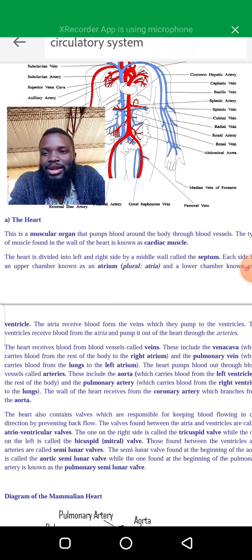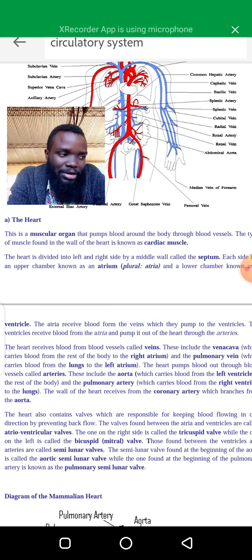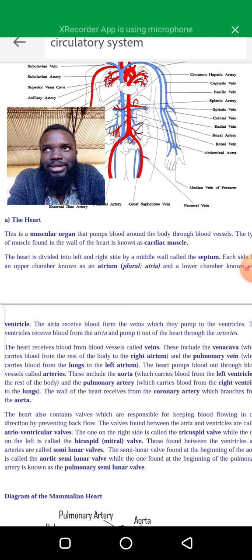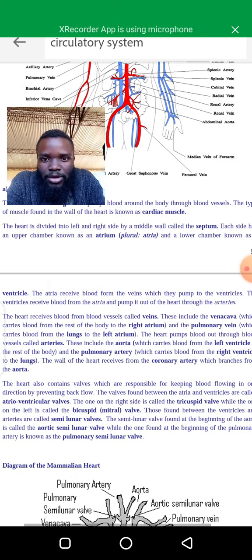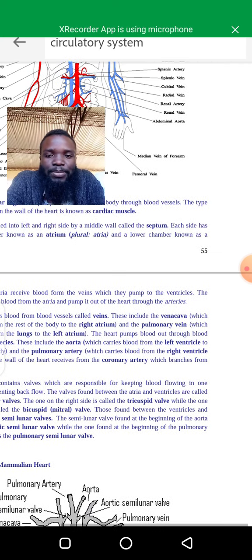The contraction of the atrium, we call it atriosystole. And the relaxation of the atrium, we call it atriodiastole. All right. So the heart is divided into the left and the right side, and the middle wall is called the septum.